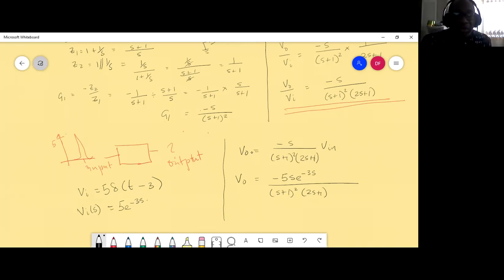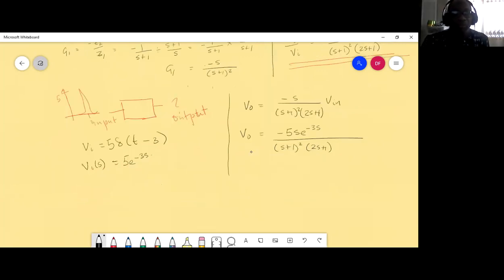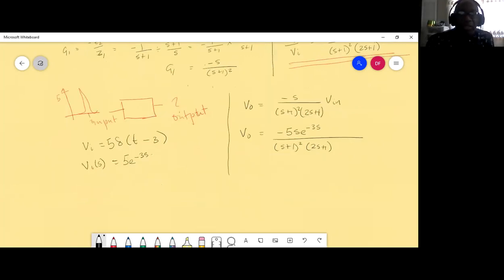So here is how the maths part works now. We are going to ignore the e to the minus 3s for the time being.